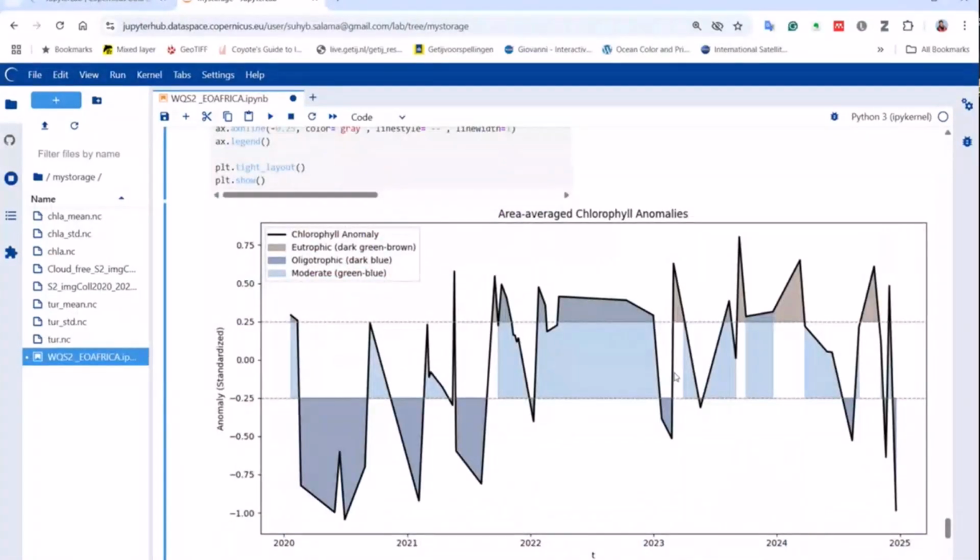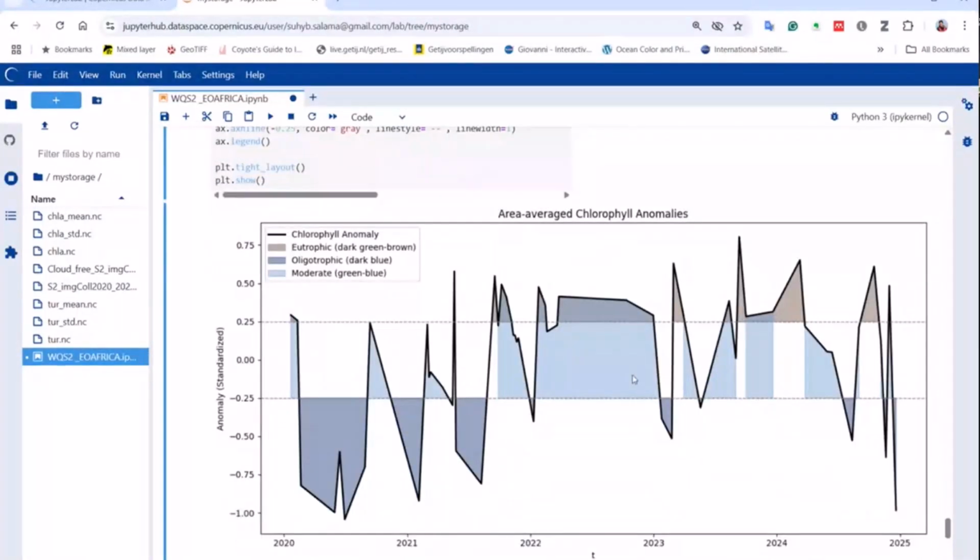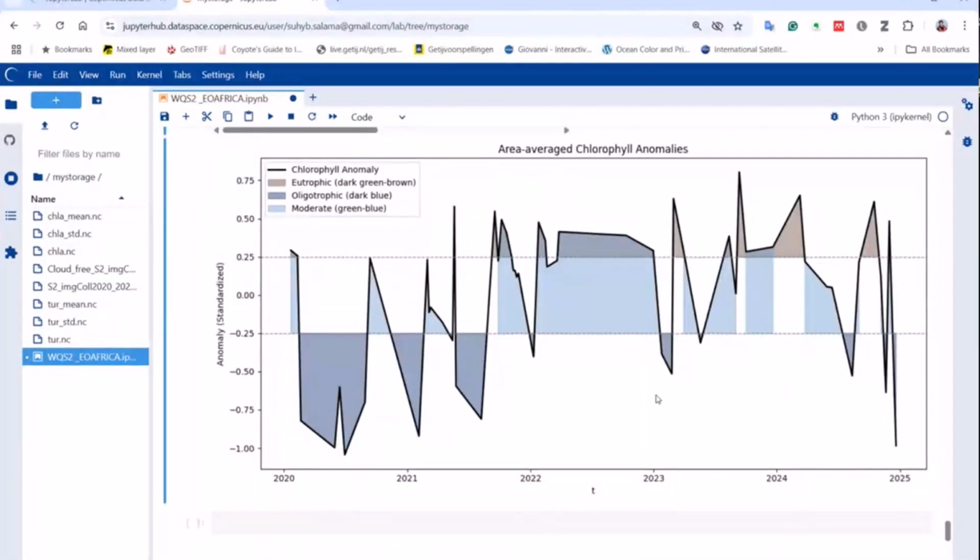This gives you a good idea about how, with a simple but thorough way of analysis, I could actually spot in an area I've never been to, in Mombasa Bay, that starting from 2022 I have a higher frequency of eutrophication, so increased algae blooms in that area.